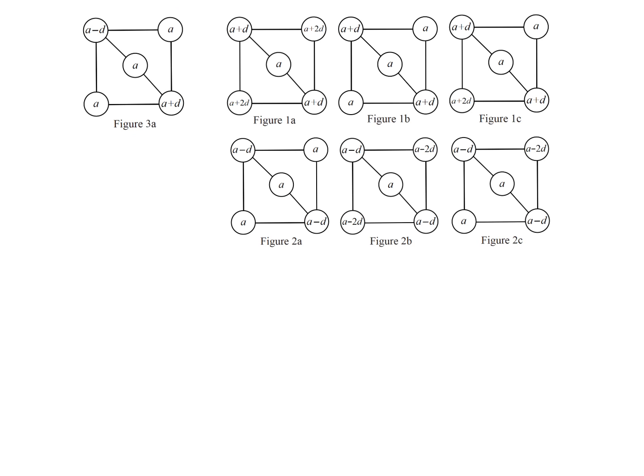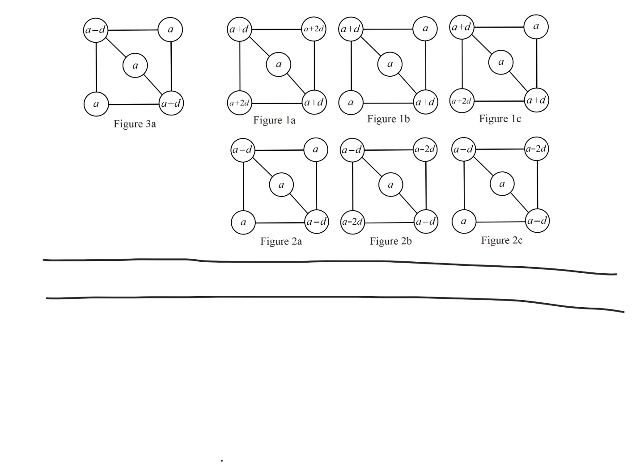So we can then make a table and talk about these one by one. Let's make a little table here, and we've got case 1a. So 1a is this guy, and then we have 1b, 1c, 2a, 2b, 2c, and finally 3a. Okay?